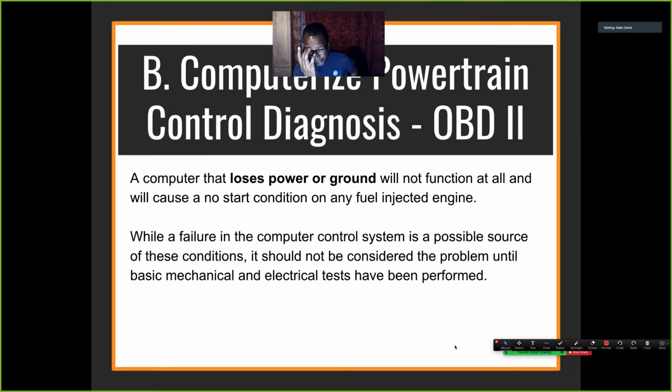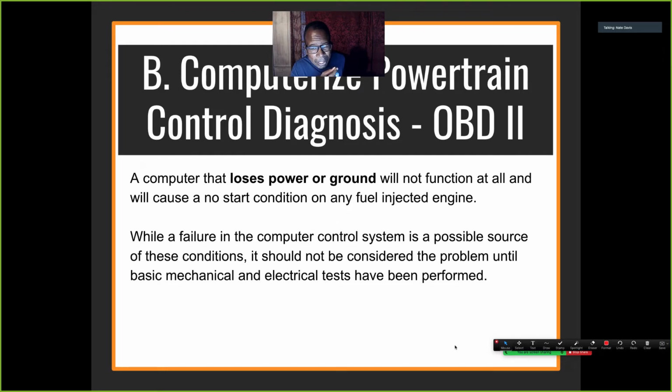In other words, say the ASE test gives you a question where the car will not start. Somewhere in that paragraph you're reading, it says it doesn't even have 5 volts to a sensor or injector trigger.